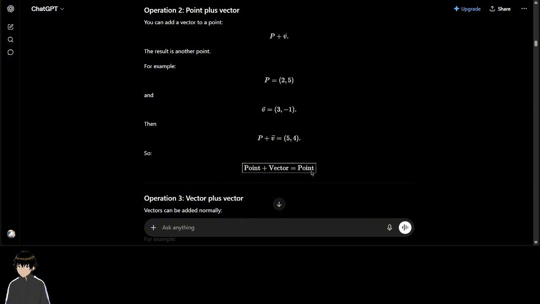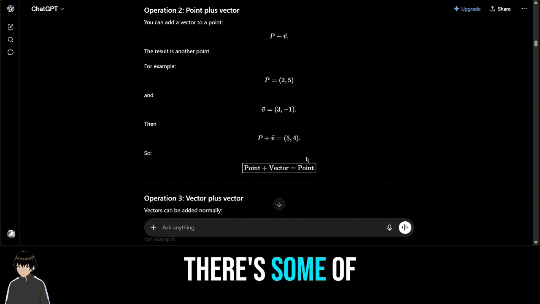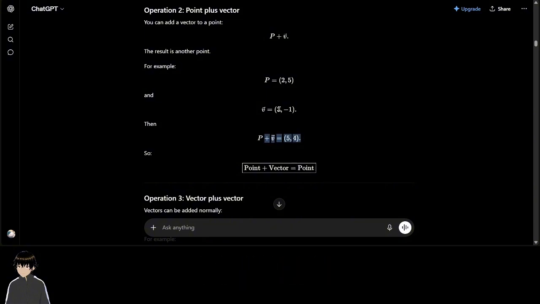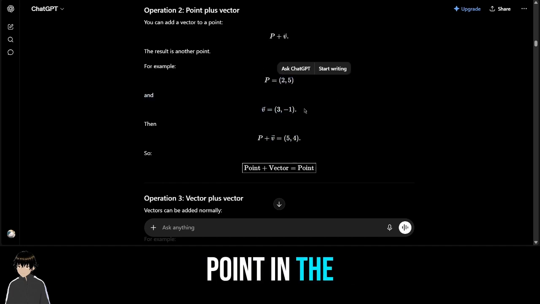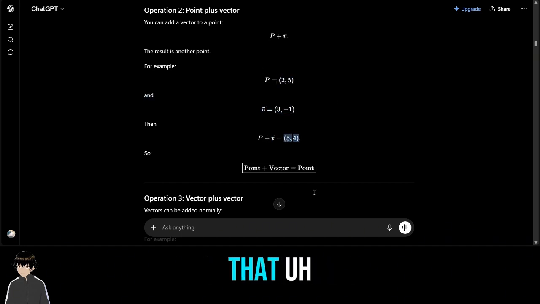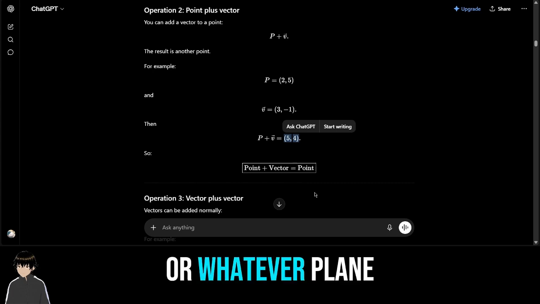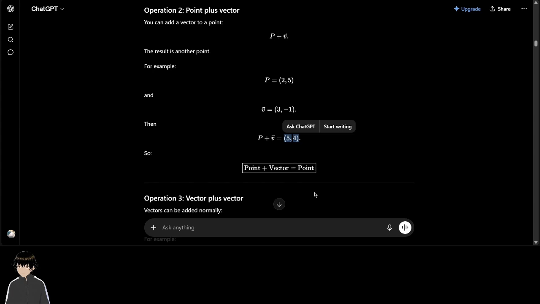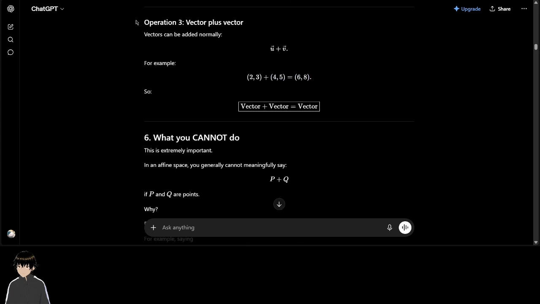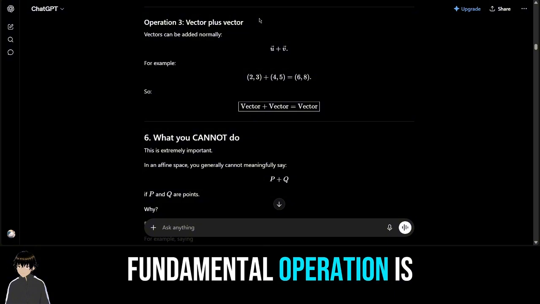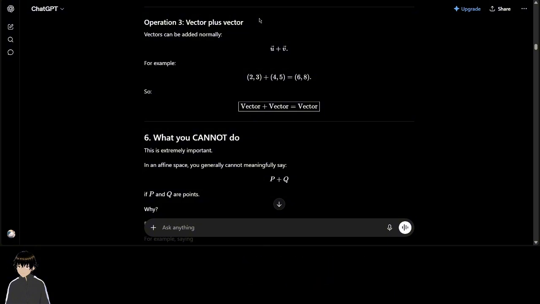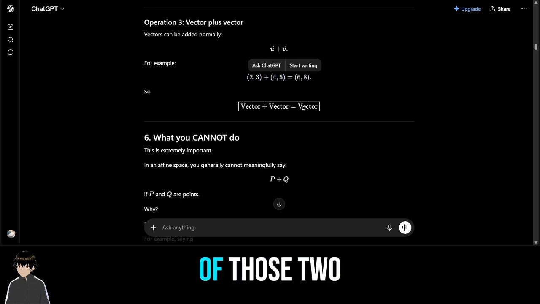It's just another point in the surface or the plane that we're using. The third fundamental operation is that vector plus vector is equal to vector. If you add two vectors, you get another vector, the sum of those two vectors.